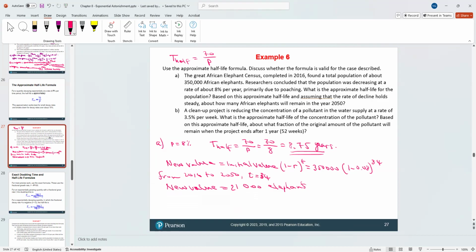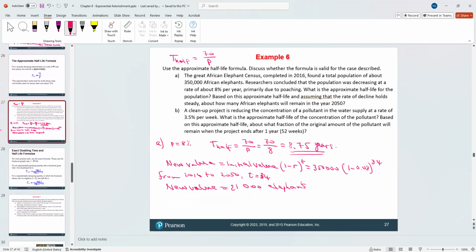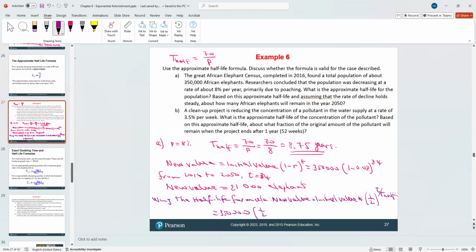But if you use the half-life formula, you take 350,000 times one half to the power of t over T half.